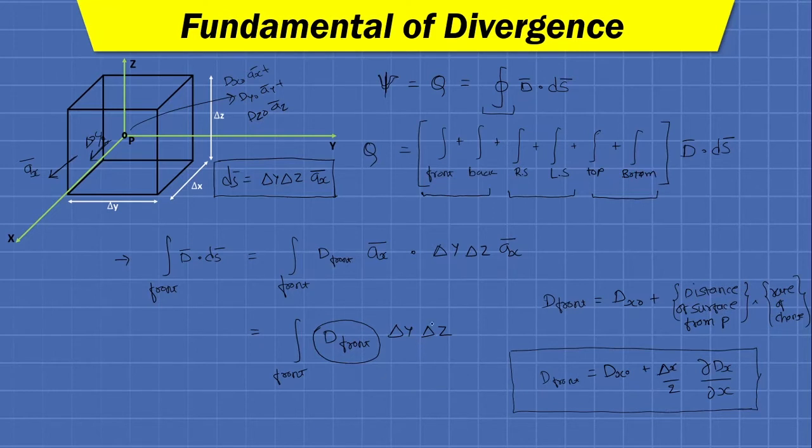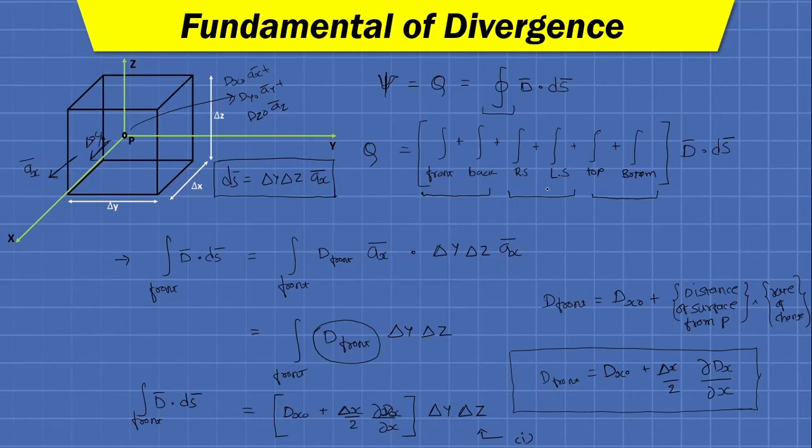Putting this value over here, we will have the integration over the front surface of D bar dot ds bar equals Dx0 plus delta x by 2 del Dx by del x, times delta y delta z.